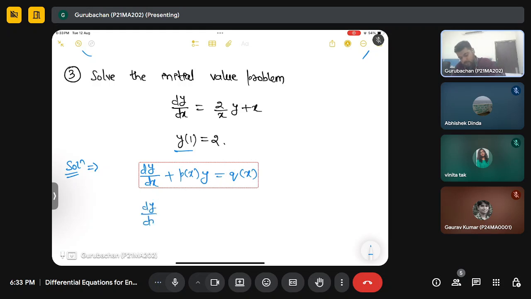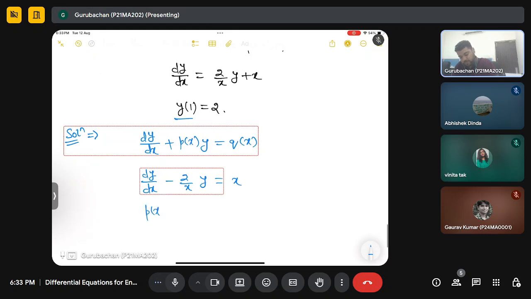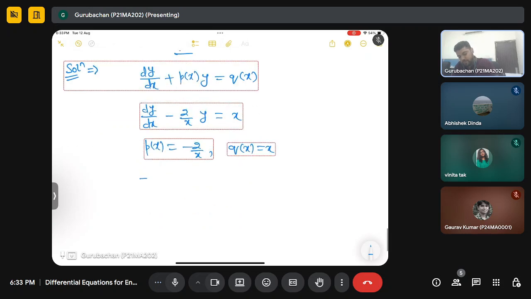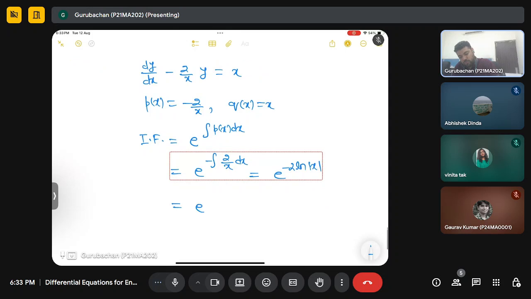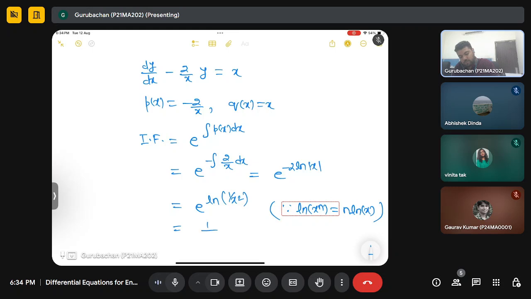Here P(x) is minus 2 by x, so the integrating factor will be e to the power of the integral of P(x) dx. The integral of minus 2 by x dx is minus 2 ln x, so the integrating factor will be 1 by x square.